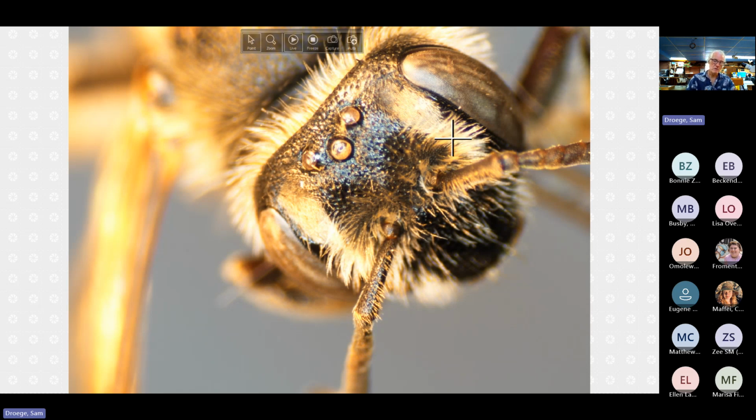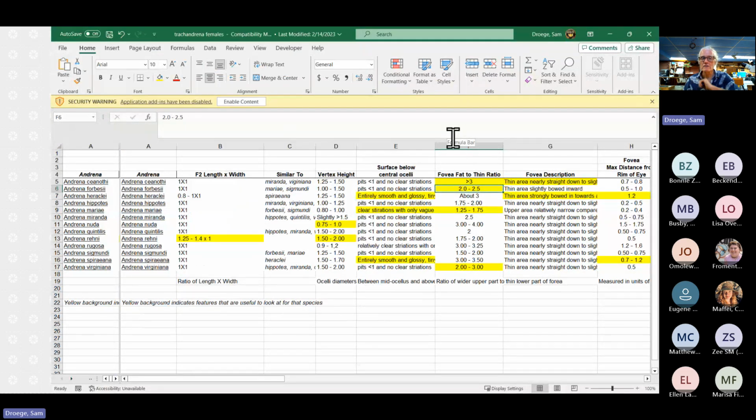So in the scheme of Trachandrena, this does not have a very high ratio. So it doesn't tell us a whole bunch.